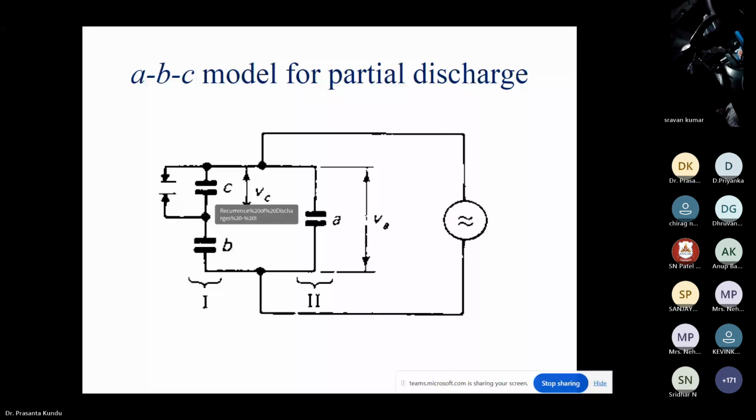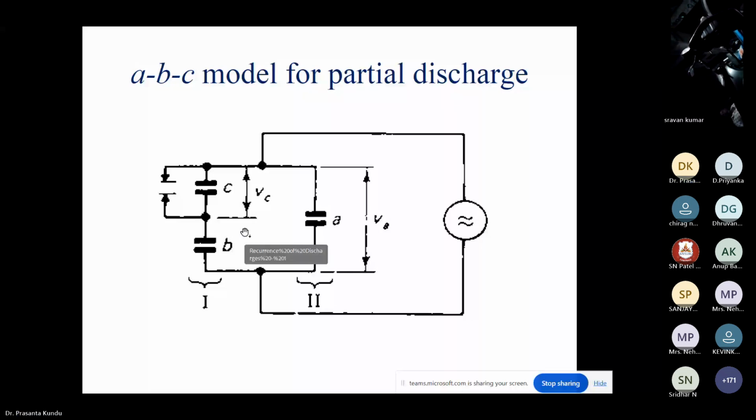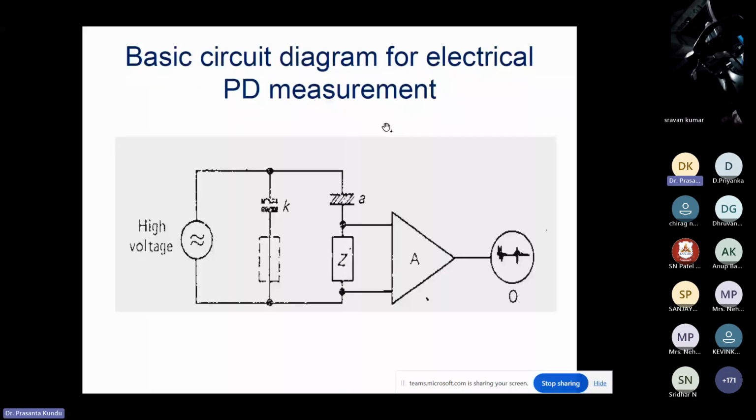The B capacitor is in series with that particular component. The A capacitor is the rest of the part, parallel to that one.